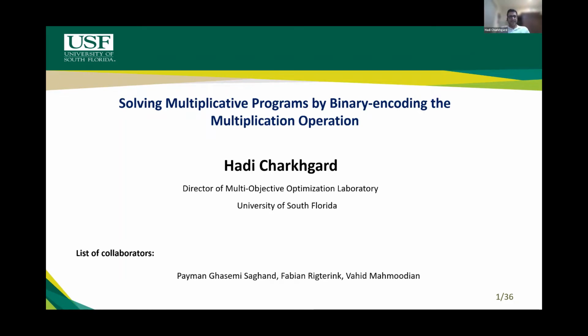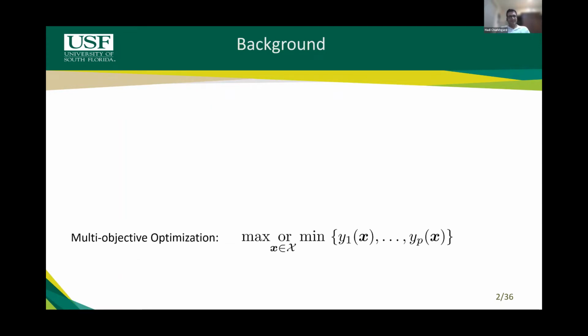With that in mind, since my main area of research and expertise is multi-objective optimization, I would like to start my talk by telling you a little bit about multi-objective optimization and how I got to work on the class of optimization problem that I want to talk about. Hopefully this path would be interesting enough and I would be able to convince you that this class of optimization problem is actually interesting to work on.